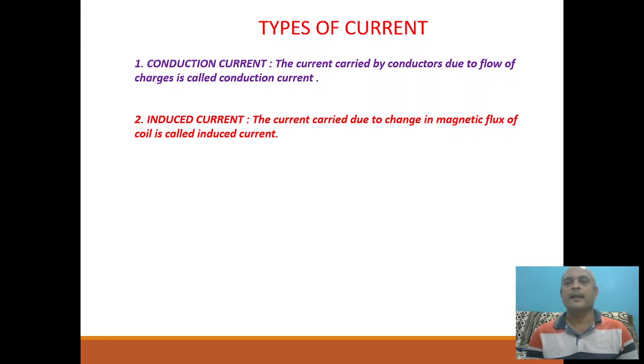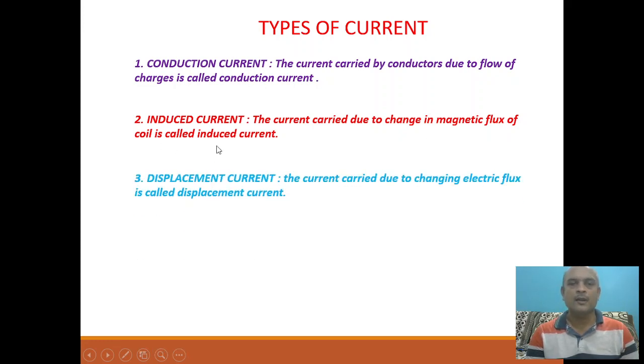Here we have to identify the word magnetic: when the magnetic flux changes, current is induced. So the current carried due to change in magnetic flux is called induced current. Third, displacement current, which we have just seen: the current carried due to change in electric flux. When the electric flux changes, the current is called displacement current.